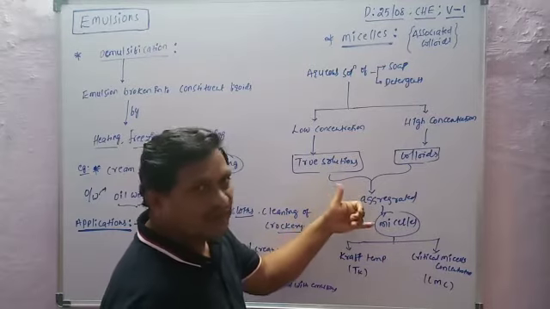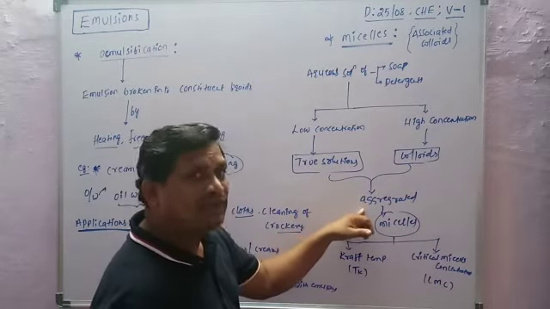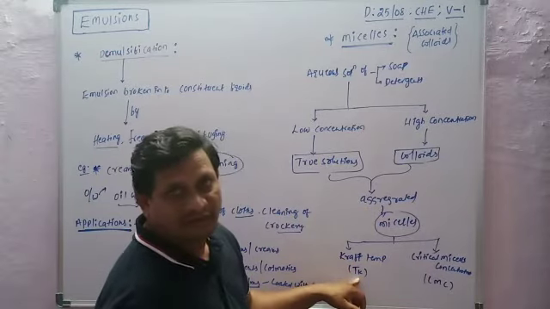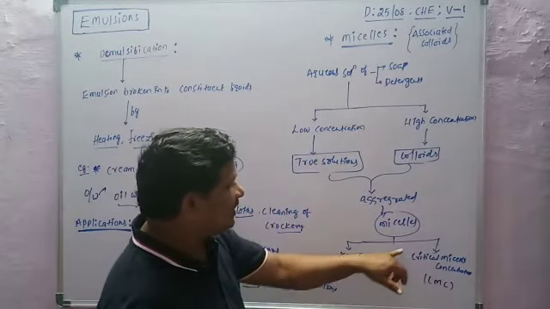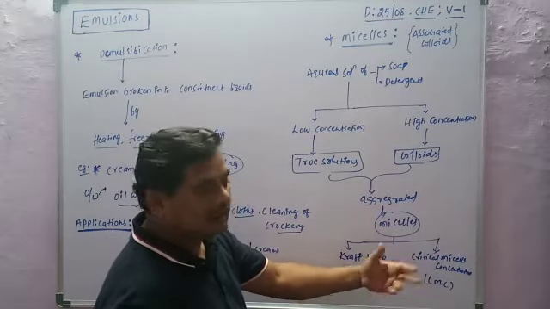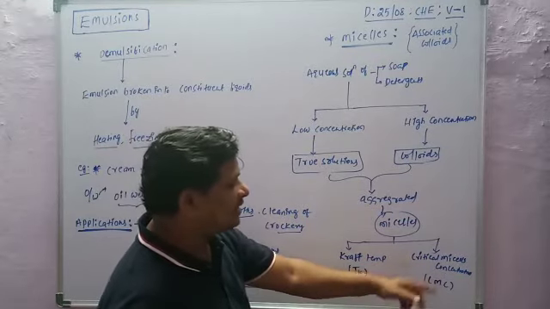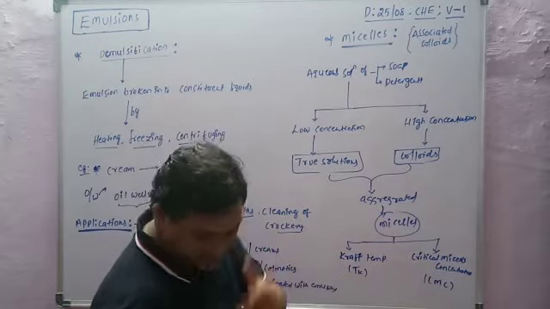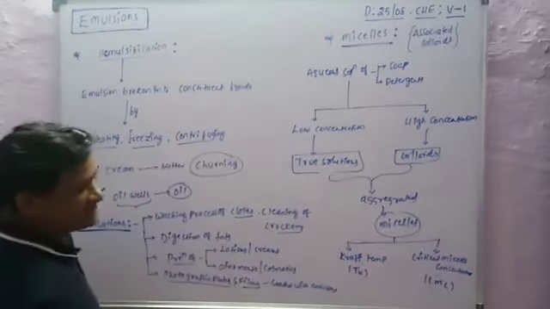The temperature above which micelles form is called the Kraft temperature, denoted with TK. The concentration above which micelles form is called the critical micelle concentration, simply CMC.